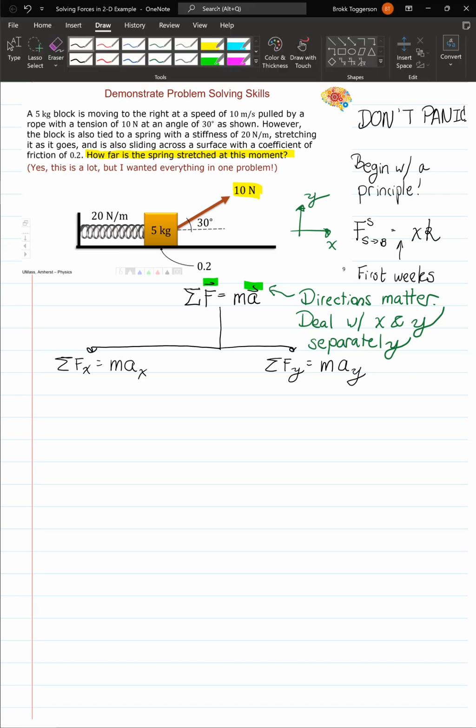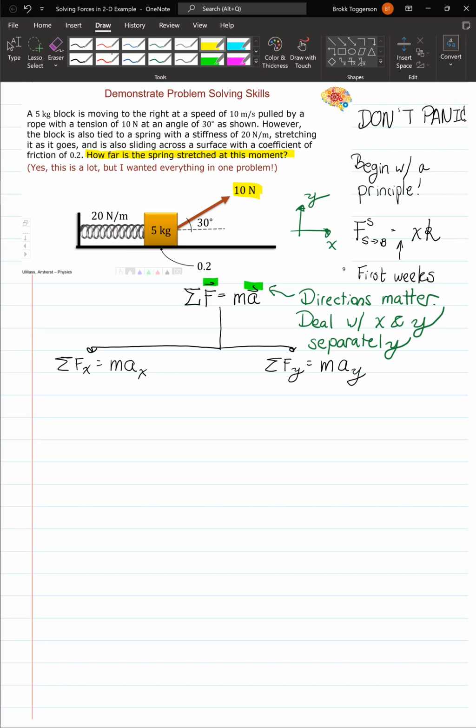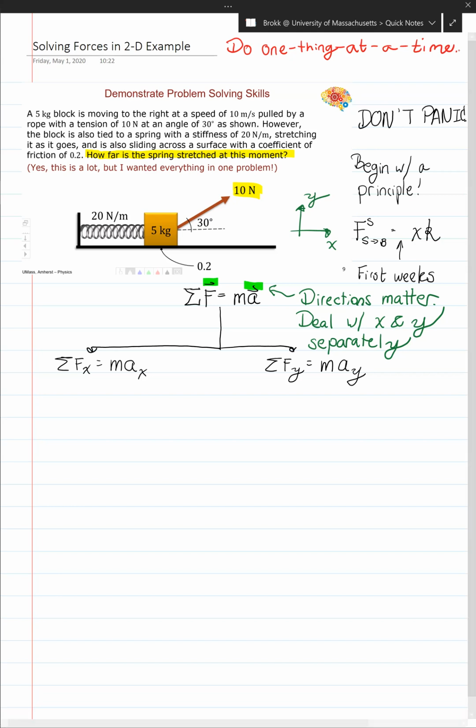Next, I have to choose something else to deal with. One thing at a time is very much the overriding philosophy here. Even now, we still got a lot. We've got a sum, we've got an F, we've got subscripts, lots going on.